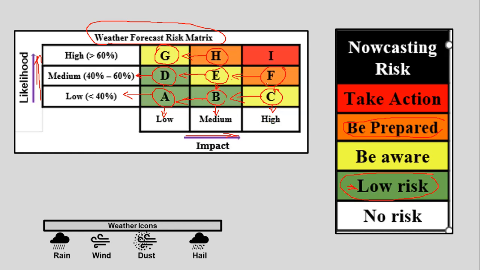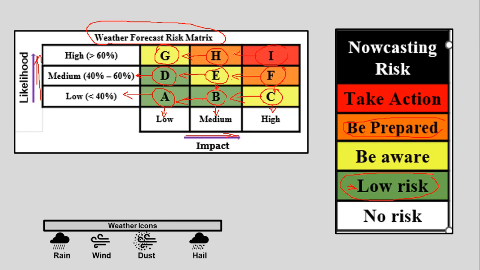So H and F all means you should be prepared for an activity or an event. But the event for F will have a higher consequence on the area than H. So you'll be more prepared for F than you will be for H, even though you will still be prepared for both cases.